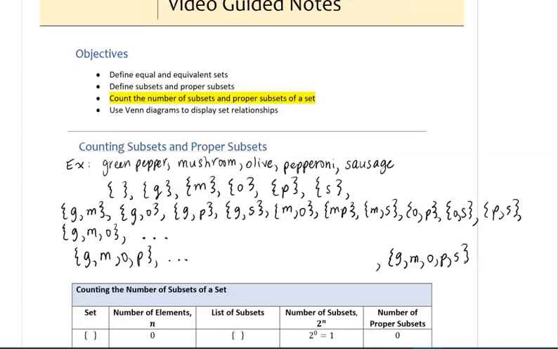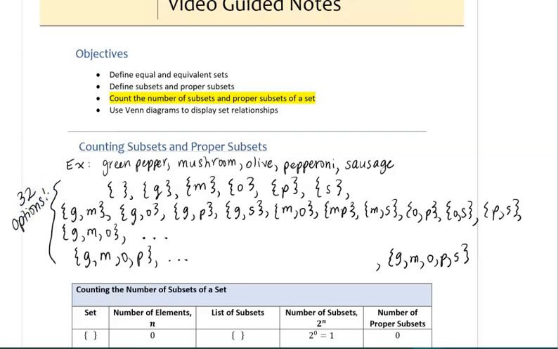But if we were to continue the list and write this out fully, we would be able to count the number of possibilities, and we would count that there are 32 different pizzas that can be ordered given this set of 5 toppings. So in the end, we would see that there are 32 options.